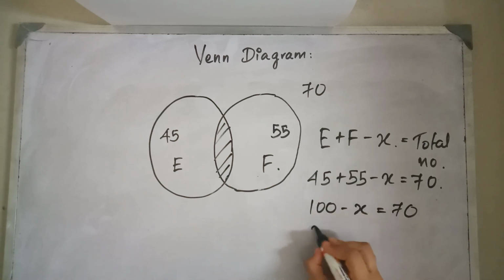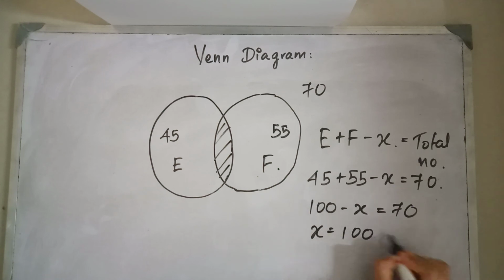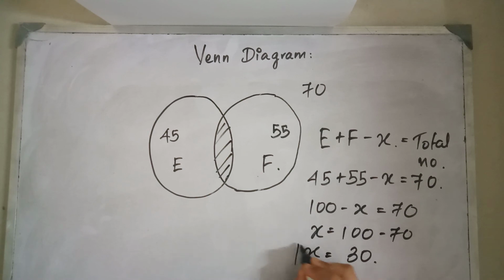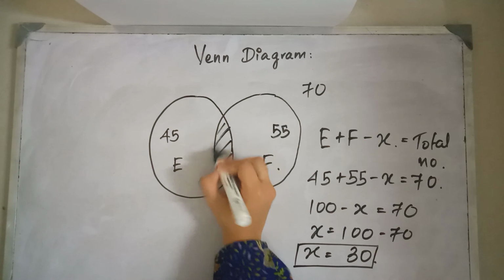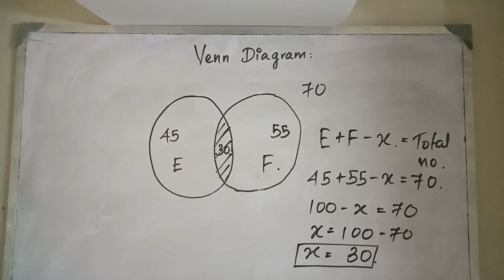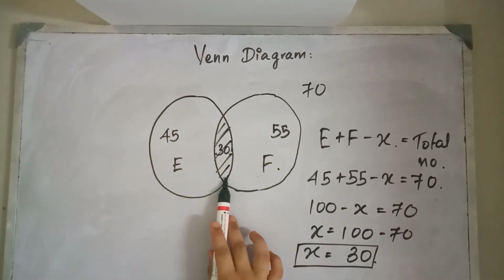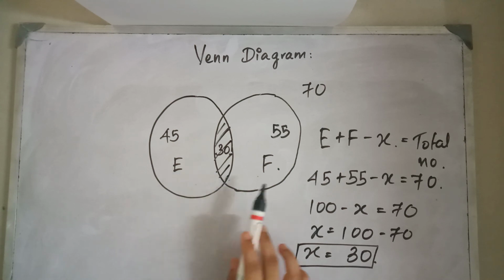So now you can find out that x is equal to 100 minus 70, which is 30. So there is an overlap of 30 students, meaning that this region is equal to 30. So there are 30 children who take up both English and French. So this is how you solve this problem.